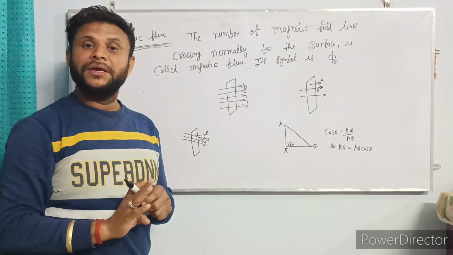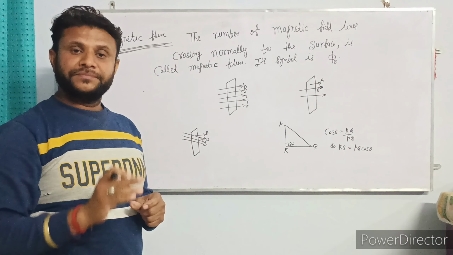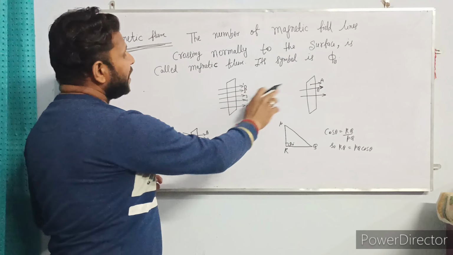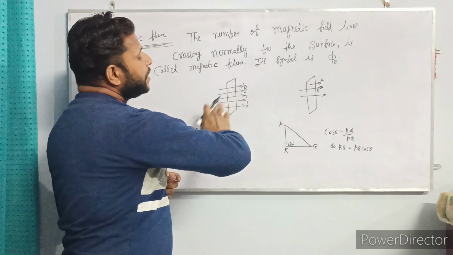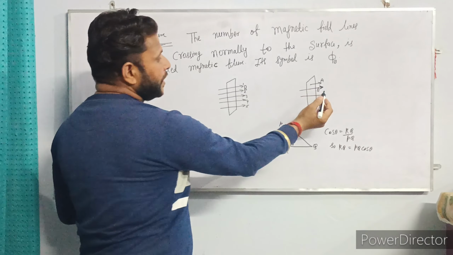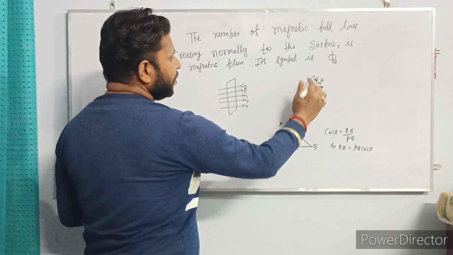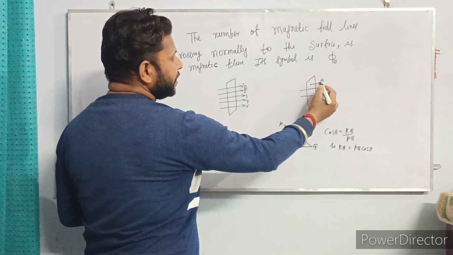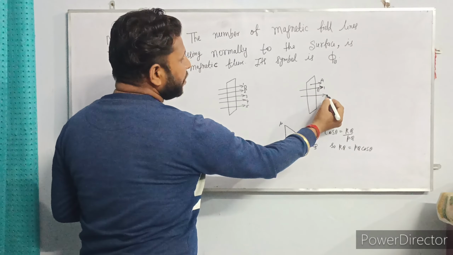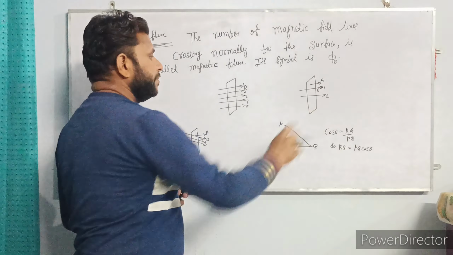The area vector of any plane surface is outward in this direction and inward in the opposite direction. Here 5 lines are going in the outward direction. Here I have indicated the area vector normal to this plane, and the number of magnetic field lines, 2, are also normal to this plane.